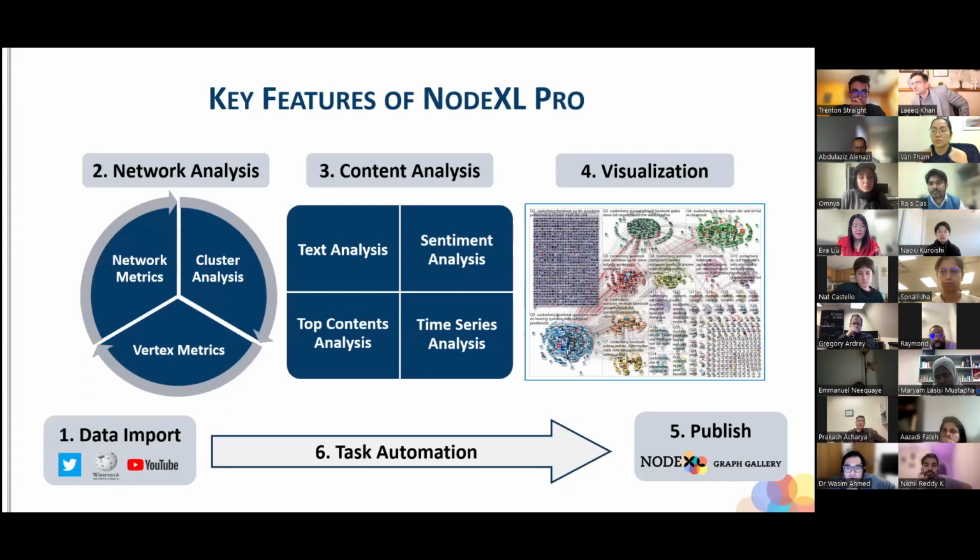It will do some content analysis, so text analysis, sentiment analysis. So is the social media post positive, negative, or neutral? It will also do time series analysis. And at the end, it produces those visualizations on the right-hand side. That's an example of a network visual that it produces. And alongside that visual, we have a whole range of interesting data and insights that we can use to populate our report.